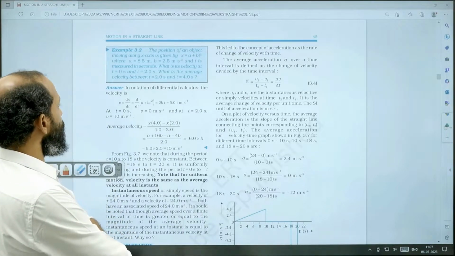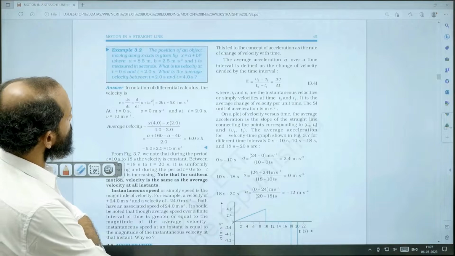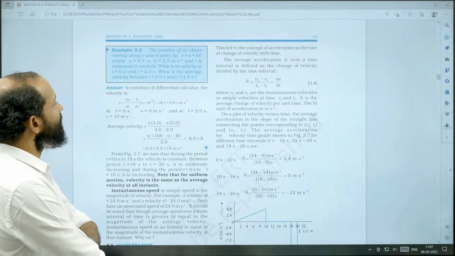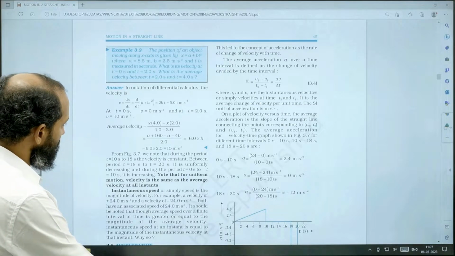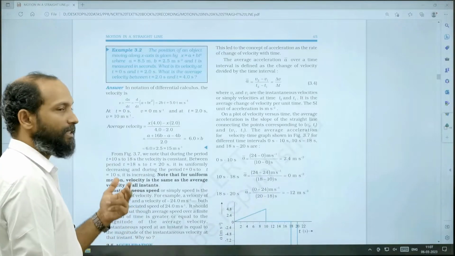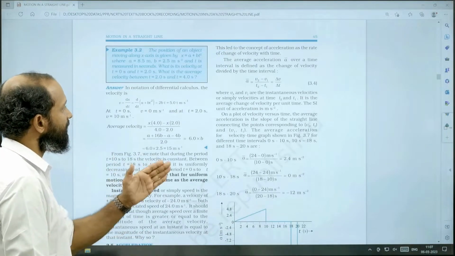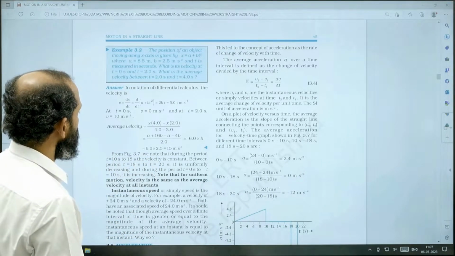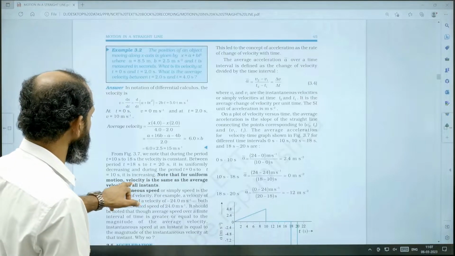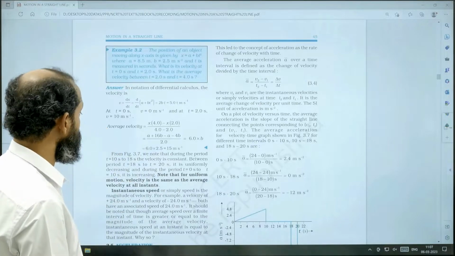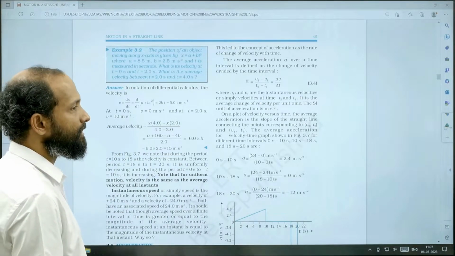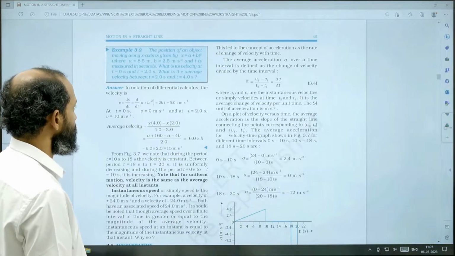At t equal to 4 second, velocity you can find out, 2 into b into 4. B is given 2.5. Like that, we can find out average velocity. You can find out instantaneous velocity at any time interval. Okay. For uniform motion, velocity is the same as average velocity at all instants. Uniform velocity means average velocity is a constant.